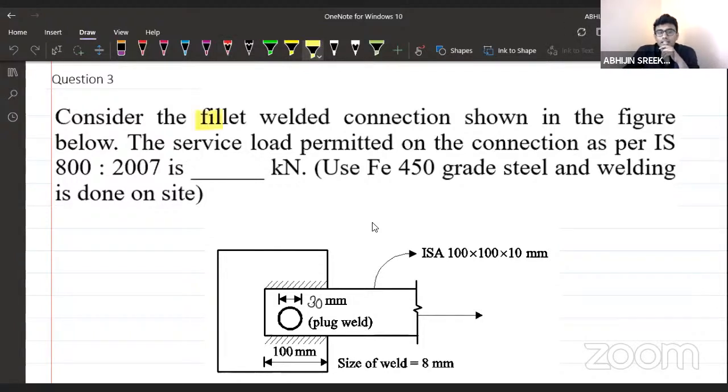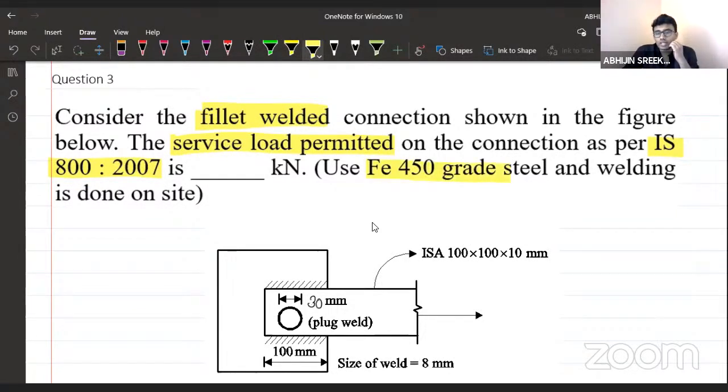Consider the fillet welded connection shown in the figure. It is asking us to calculate the service load per meter. Remember, he is asking us to calculate the service load as per IS 800/2007, equal to dash kilonewton. We have to report our answer in kilonewtons.